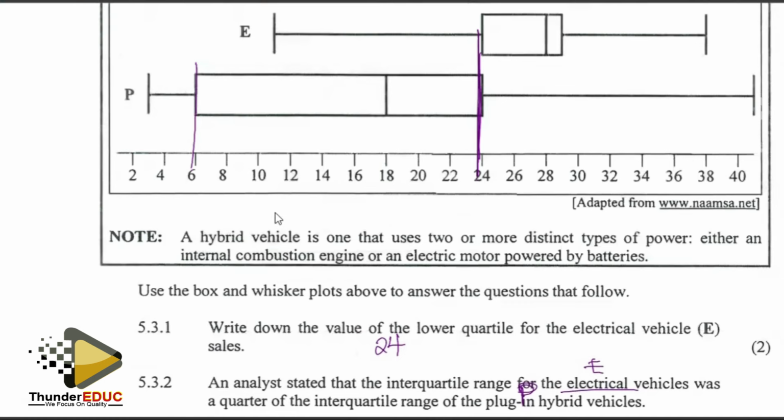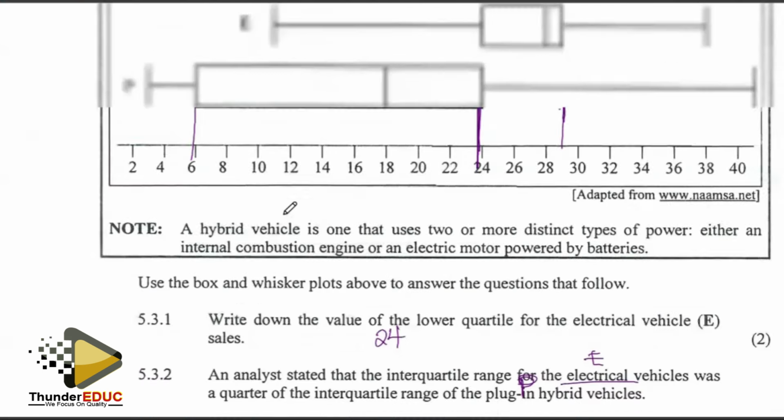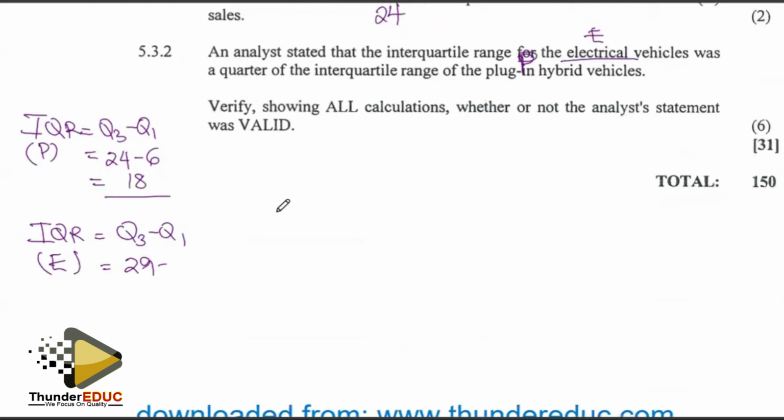E, what's the Q3? Q3 is 29 minus 24. So here the answer is 5. But we are proving a quarter of.